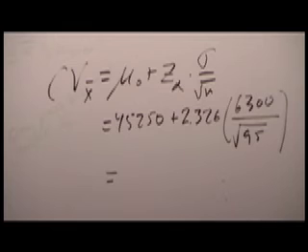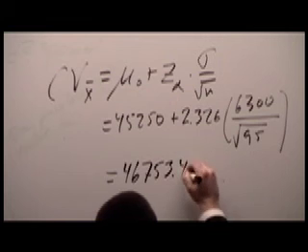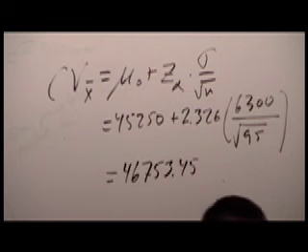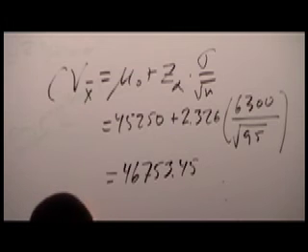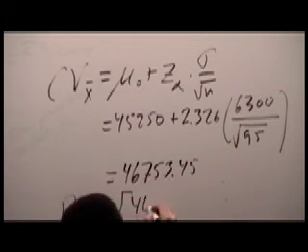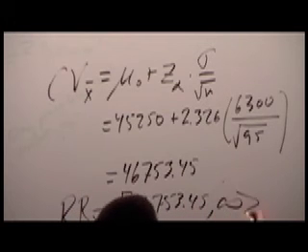Add that to 45,250, and we get 46,753. So in terms of rejection region for x bar, that's 46,753.45 to positive infinity.